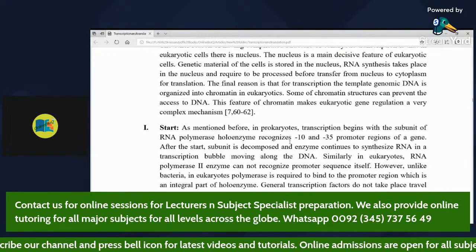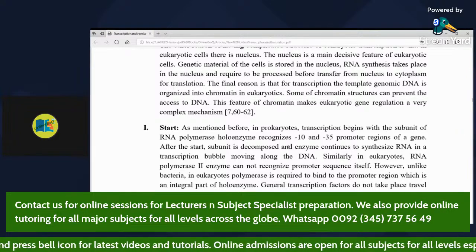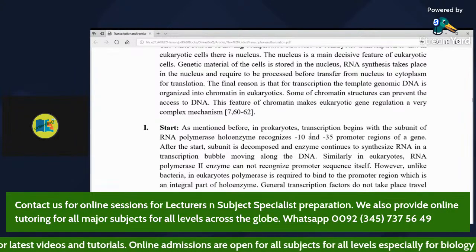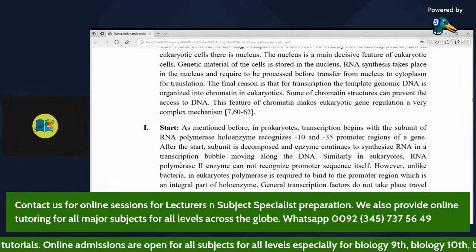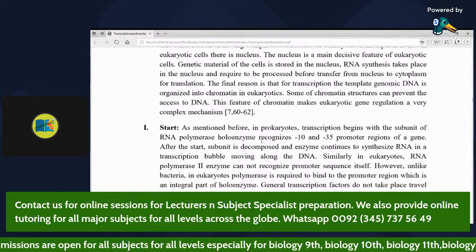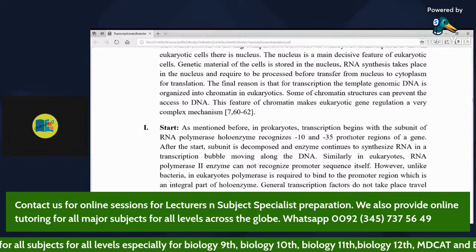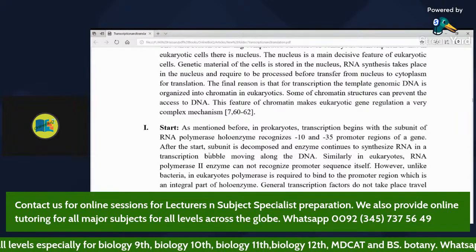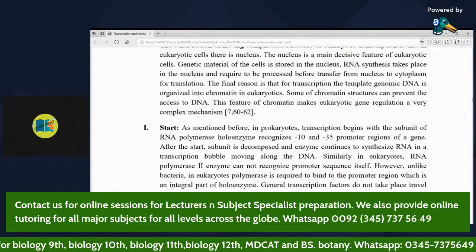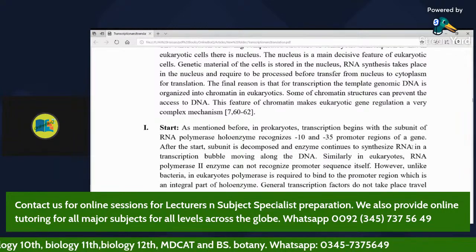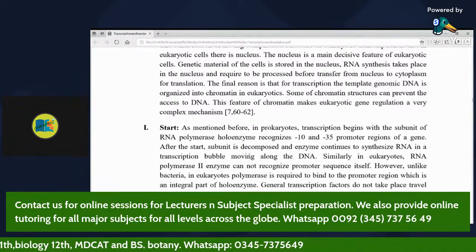This is a process we have already studied in the previous lecture on prokaryotic transcription.